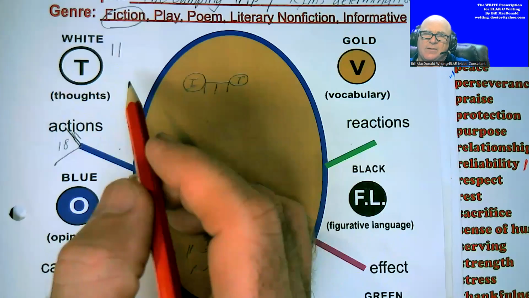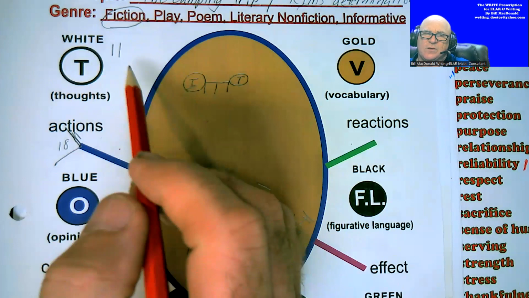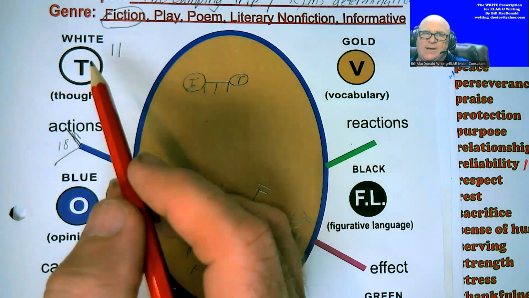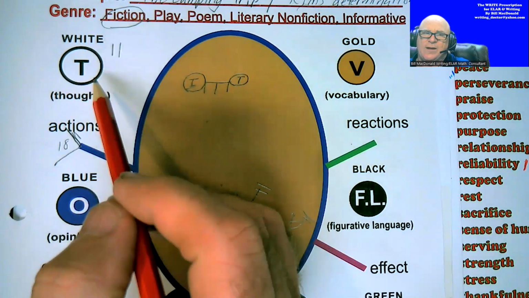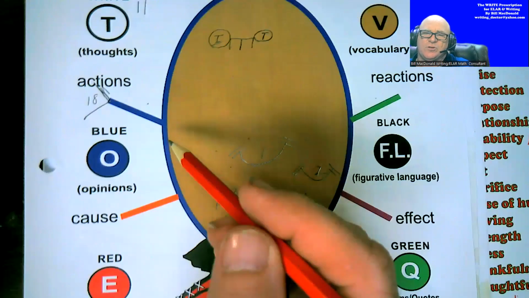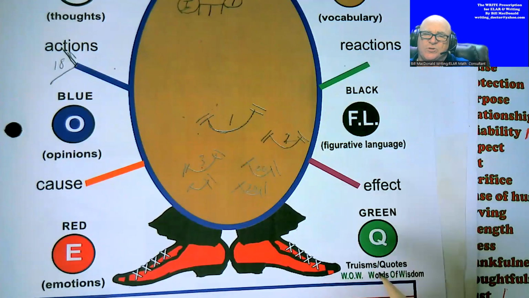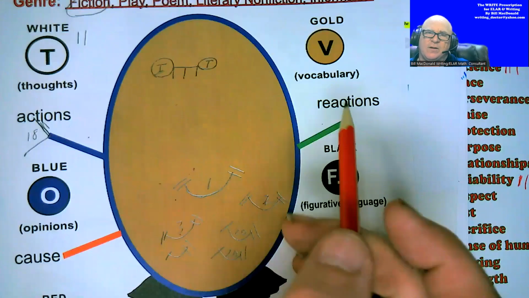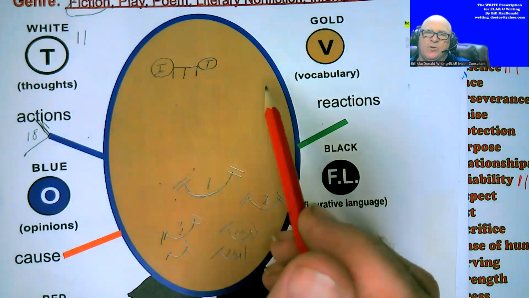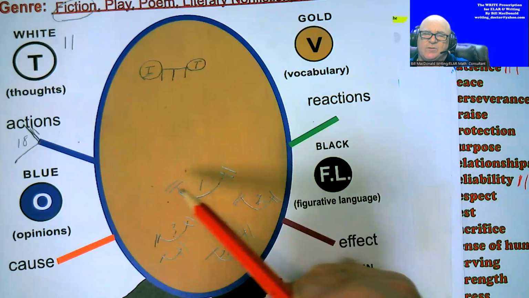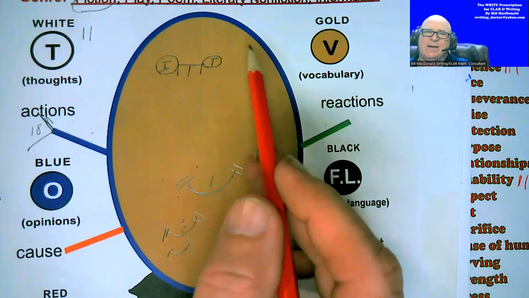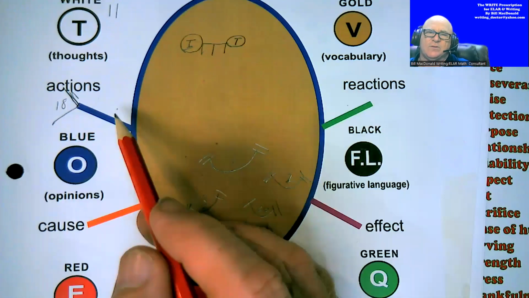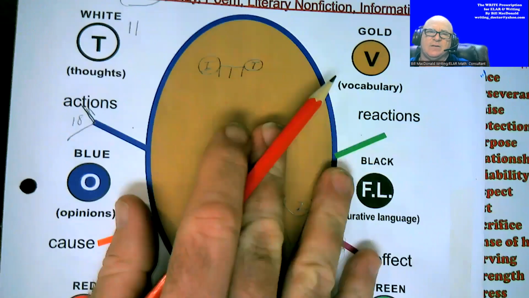So one last time, just remember, even though this is in color, if you decide to save money and print your students' copies in black and white, they can still see that thoughts are white, opinions are blue, emotions are red, words of wisdom, quotes, truisms are green, figurative language is black, and vocabulary is gold. And this can either be reading the student writing as a response to the topic, or you might be analyzing the selection by how the author chose to separate the ideas based on actions, reactions, causes and effect, etc.